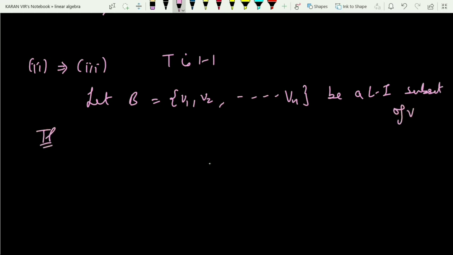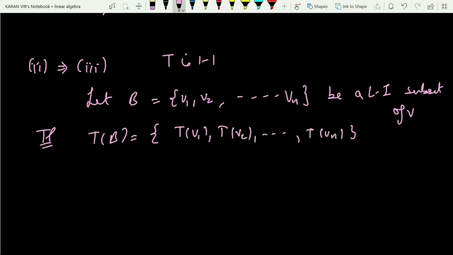You have to prove that the set of images, that is T of V1, T of V2 and so on to T of Vn, is a linearly independent subset of W. Fine with this? Now again, use a similar approach.